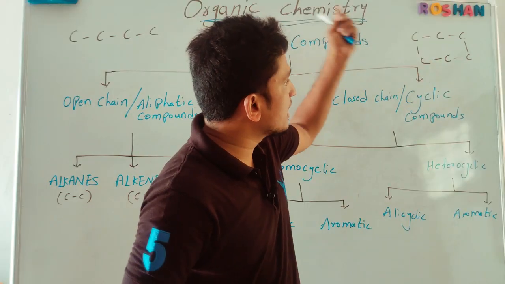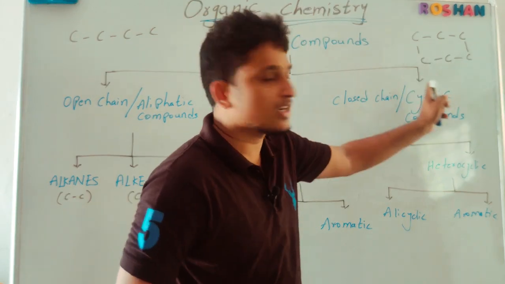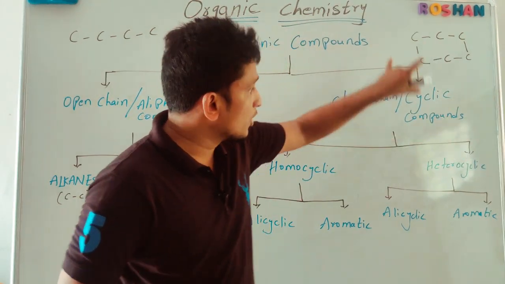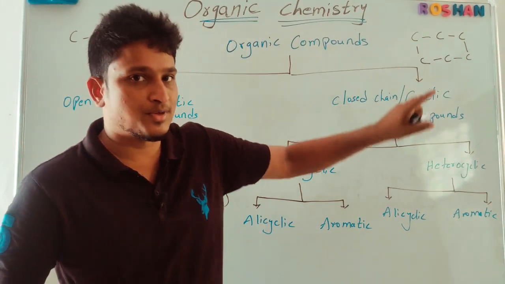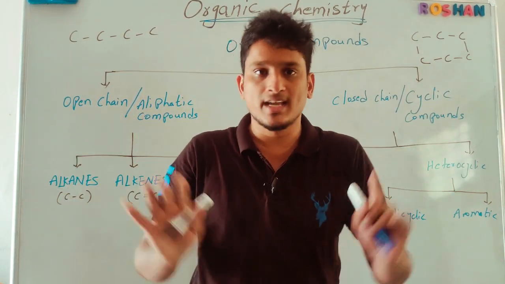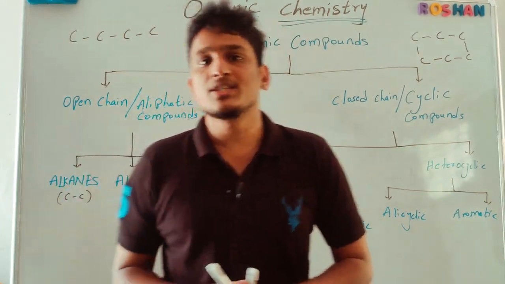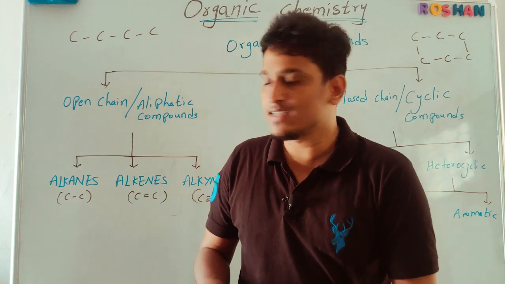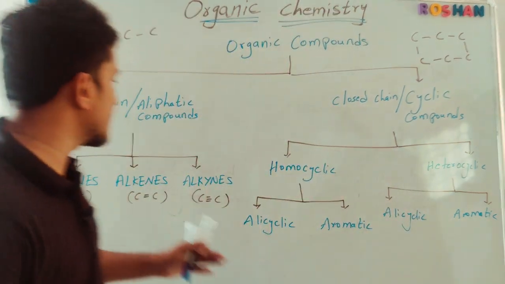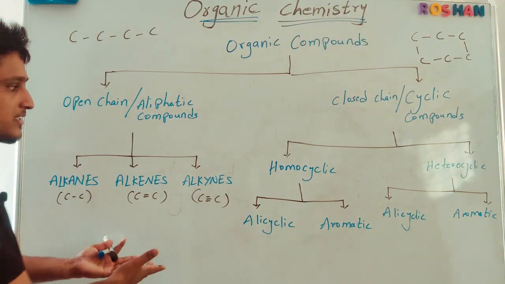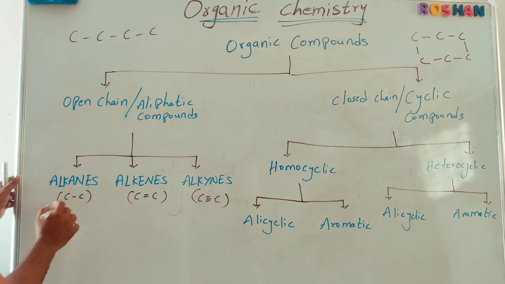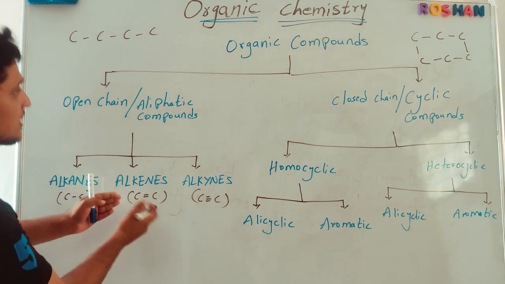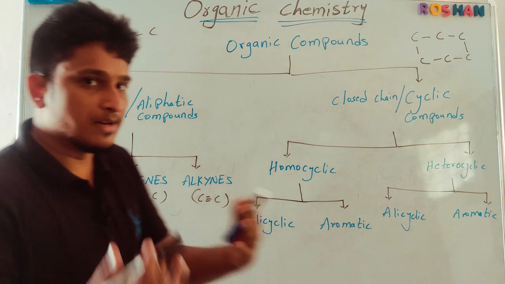You cannot identify a beginning and an end. So these compounds are called closed chain compounds or cyclic compounds. This is the main classification of organic compounds. And here, open chain compounds are mainly subcategorized into alkanes, alkenes, and alkynes, which you already know, we discussed in the previous step. Alkanes means single bonded compounds, alkenes means double bonded compounds, alkynes means triple bonded compounds.